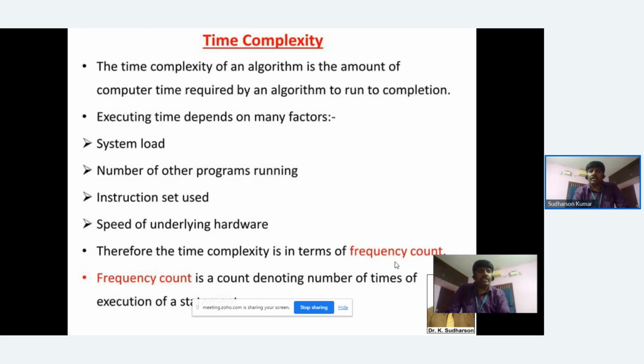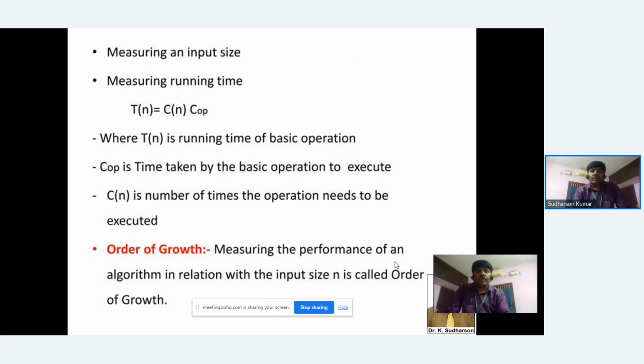In the same way, the time complexity of an algorithm is the amount of time required to run a program. It depends on the execution time of an algorithm, system load, the number of other programs running in parallel, and instruction sets. How many times the loop is running, the frequency count, is very important in time complexity.